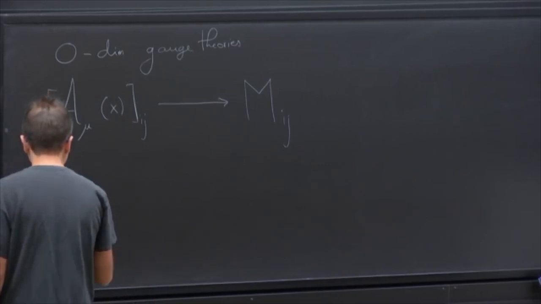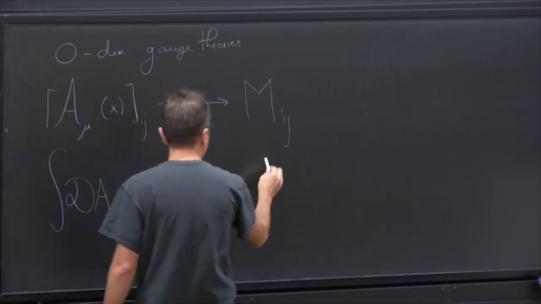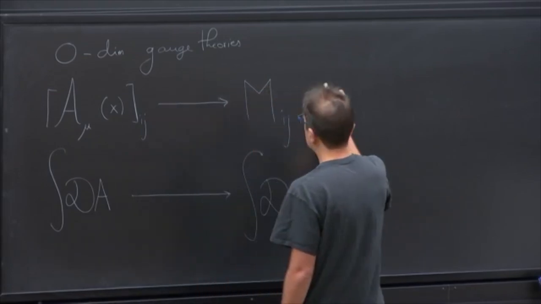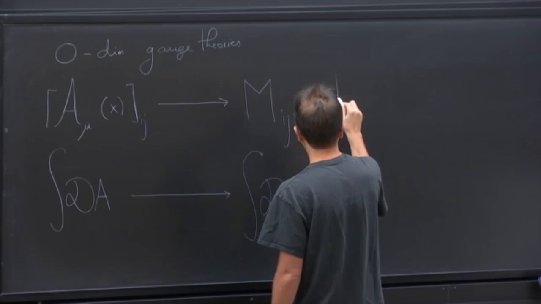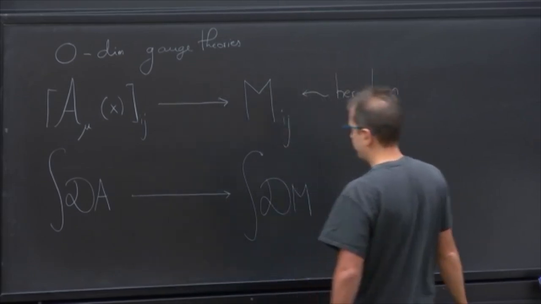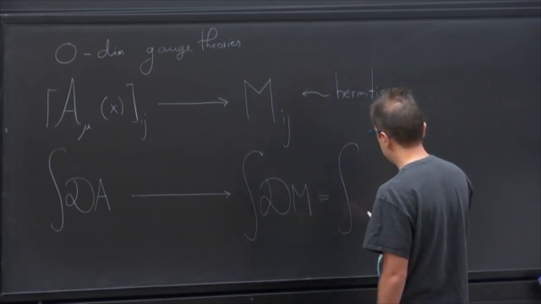And instead of an integral over all possible gauge field configurations, we will have a path integral over all possible matrices M. Let's still make this matrix M Hermitian. And if it's a Hermitian matrix, this integration measure is nothing fancy.